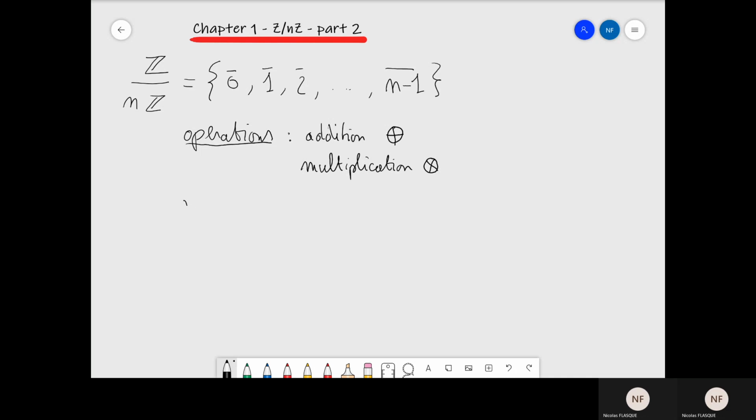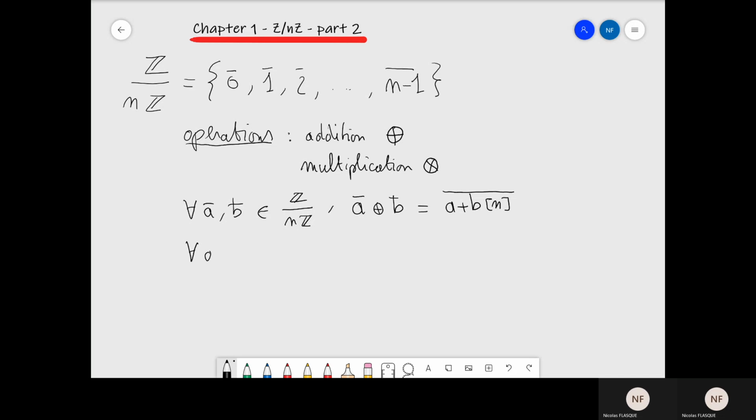For example, let's take any two elements from Z over nZ, then their addition is equal to a plus b modulo n bar. That would be quite easy to prove, but let's start with this definition.